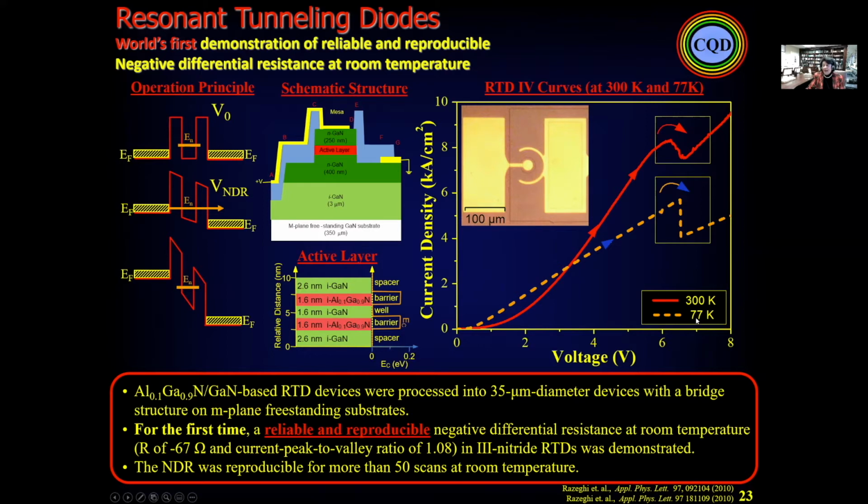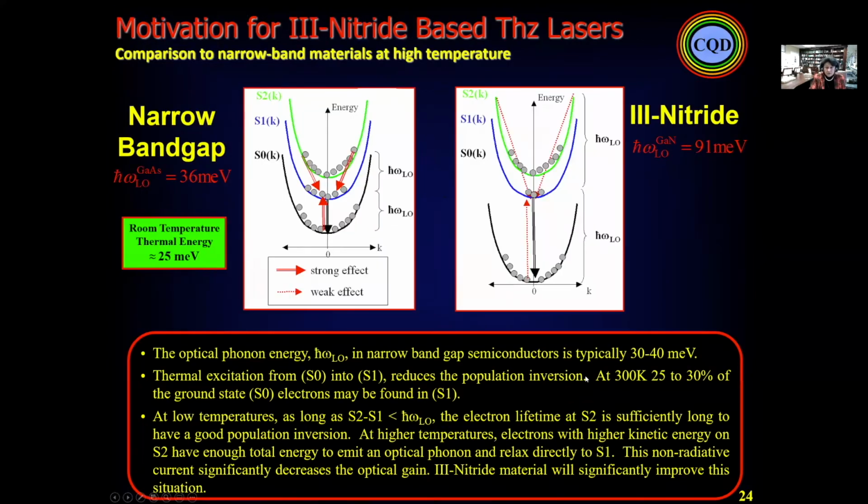At room temperature and liquid nitrogen, we tried 50 times to show that it is stable. For those of you not familiar, it is very, very sensitive to dislocations. As we do not have a lattice-matched substrate, we have at least 10 to the 8, 10 to the 9 dislocations per square centimeter that can really eliminate the RTD, but by using the gallium nitride substrate or lateral epitaxial overgrowth to remove the defects, we demonstrated that it is possible.